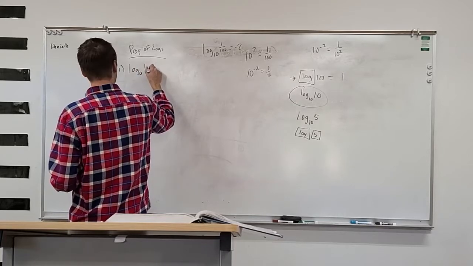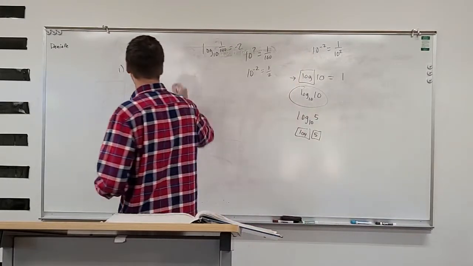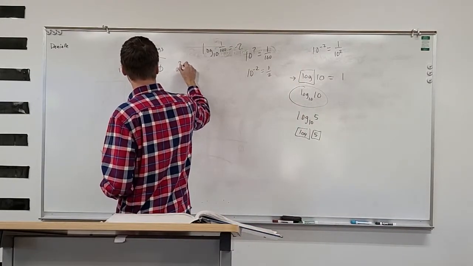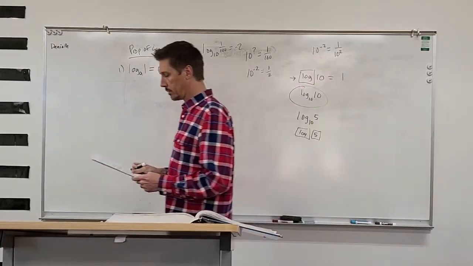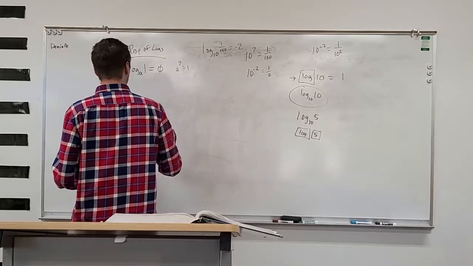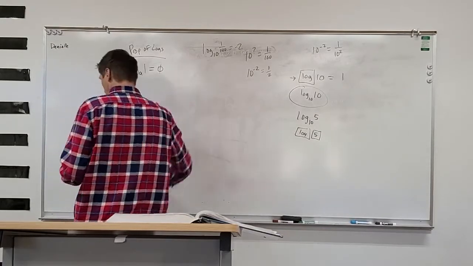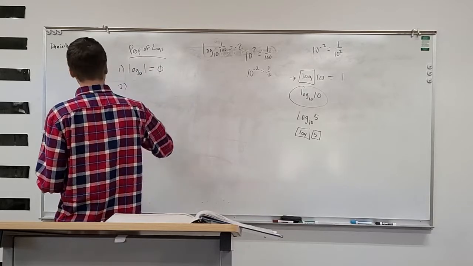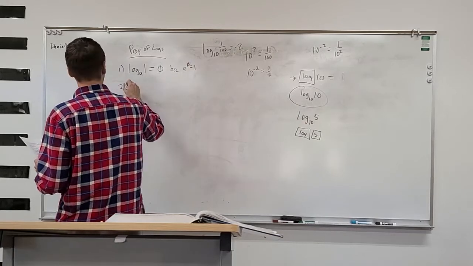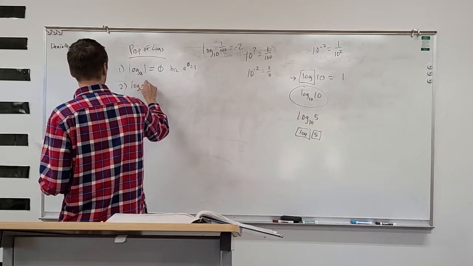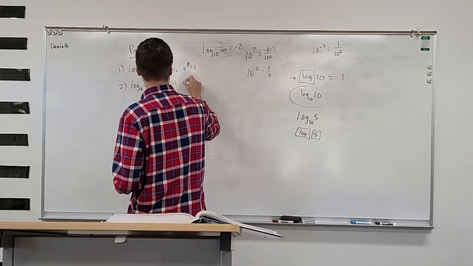Log base A of 1 has got to equal 0, because we're saying A to what power equals 1, and that's always going to be 0, because A to the 0 equals 1. Log base A of A has got to always equal 1 because it's A to the 1 that equals A.